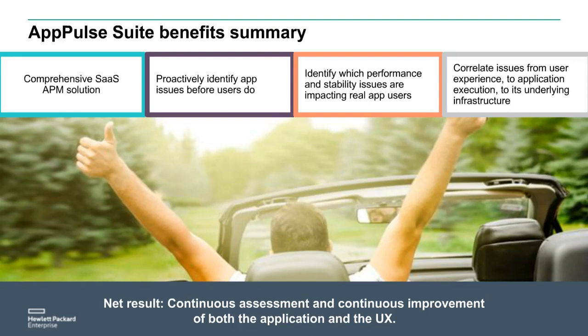It identifies which performance and stability issues are the most important, right? Because at the end of the day, the backlog of what we need to do is endless. We always have more. The big question is what will make the impact? What will keep my user inside, whether it's the error, the response time, or the flow?